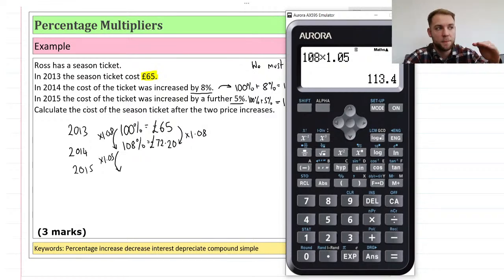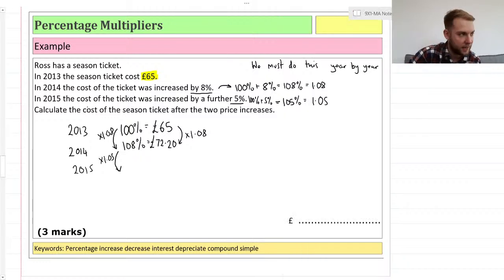Because it happens every single year, you get an increase which is more than 13%, because you're increasing 108 by 5%. So actually our percentage here is 113.4%.